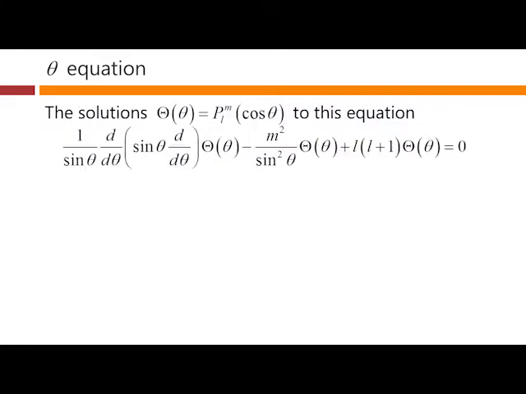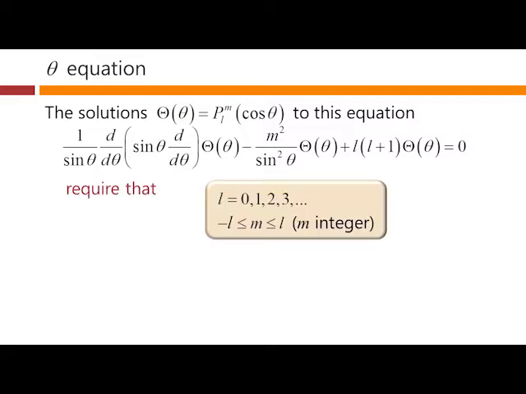Now, these solutions to this equation require that L, this number here that we introduced, has to be 0 or a positive integer. And it also requires that m has to lie between minus L and plus L, and it has to be an integer.